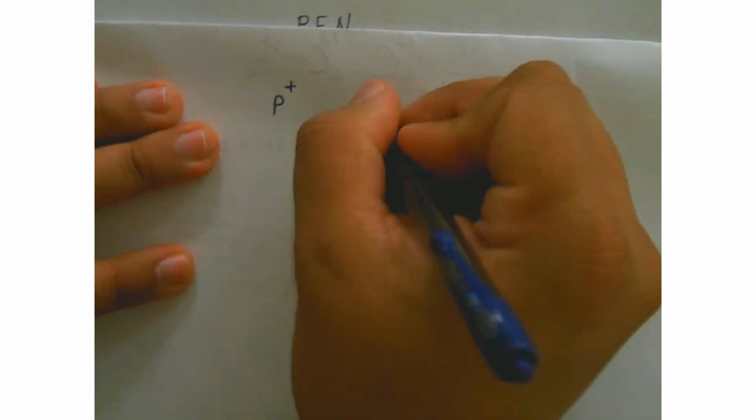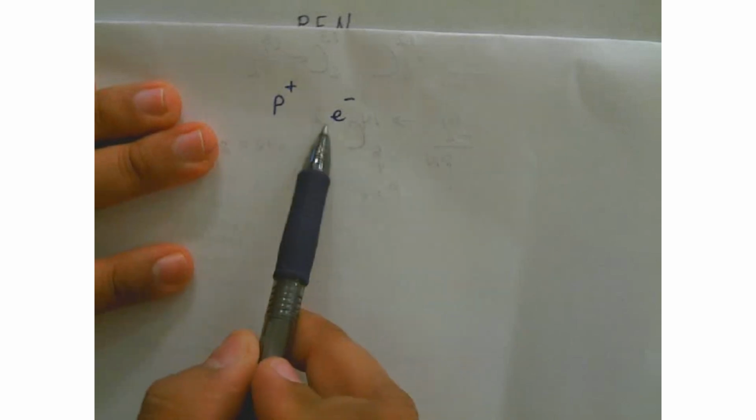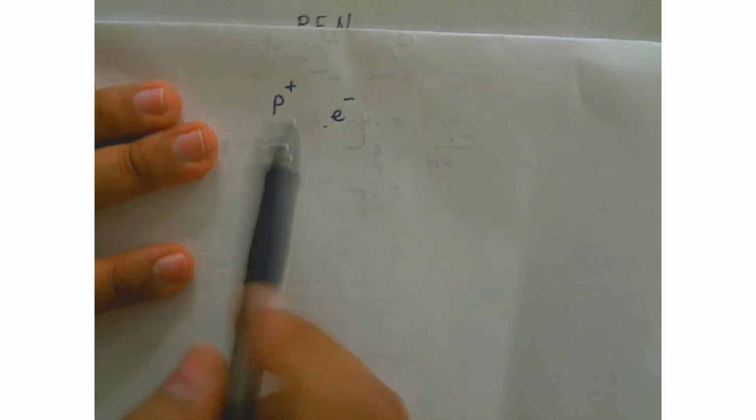Okay? Protons have a positive charge and electrons have a negative charge. So when the number of electrons matches the number of protons, you have an overall net charge of 0 because they cancel each other out, right?